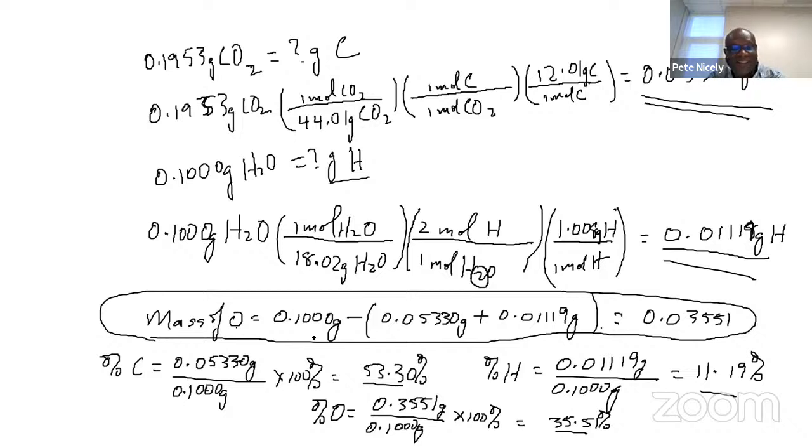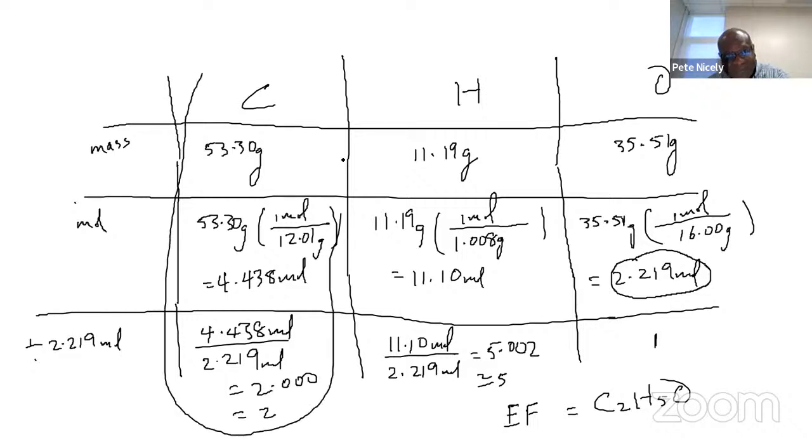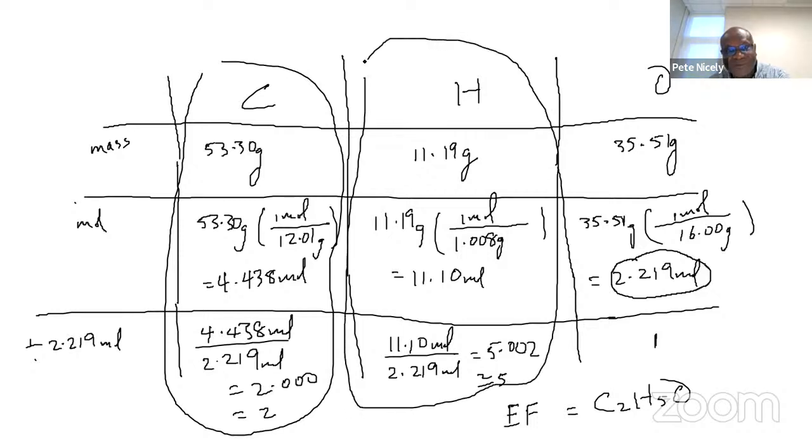So in the table that you would construct, your table would only contain a column for carbon and a column for hydrogen, because there's no oxygen. You see what I'm saying?